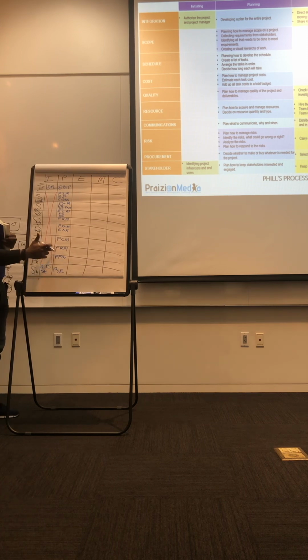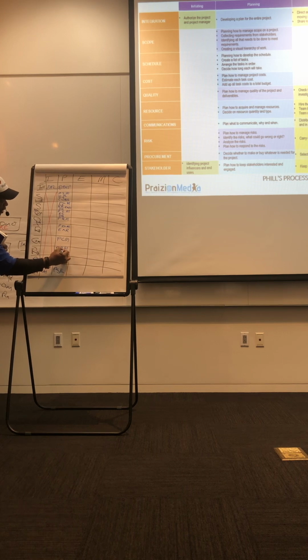Now, this one has got a lot of stuff in it because it's risk. Once you have planned risk management, you identify the risks, you perform a qualitative risk analysis, you perform a quantitative risk analysis, and then you plan the response, plan risk responses.